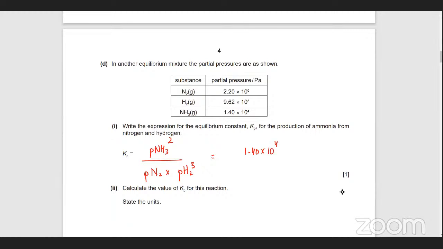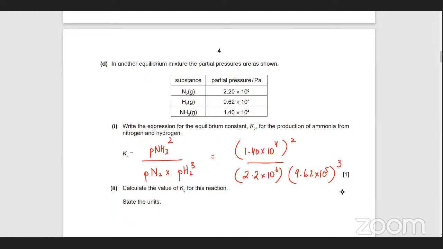Okay, that's the answer to the second part. So that's the square, into 2.2. Make sure you use your brackets very carefully on your calculator, okay? And divide by H2 cubed, that's 9.62 times 10 power 5, and this is going to be cubed.